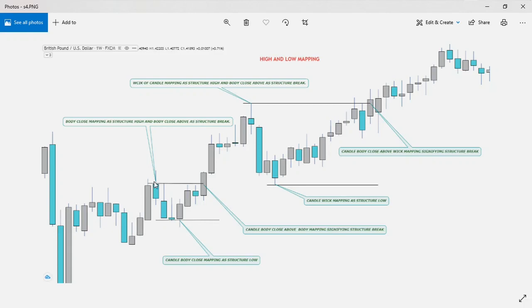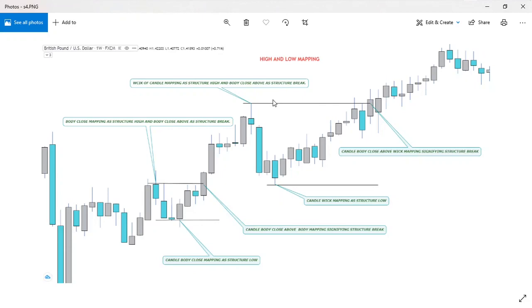Simply, what it means is that you can use the body of the candle close to map your structural high, in the sense that when the market comes and closes above the body of the candle, even without closing above the wick, you can say that the structure has been broken. You can use it to map your high, you can use it to map your low, depending on the one you are comfortable with.